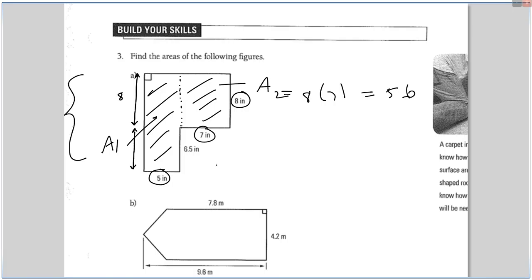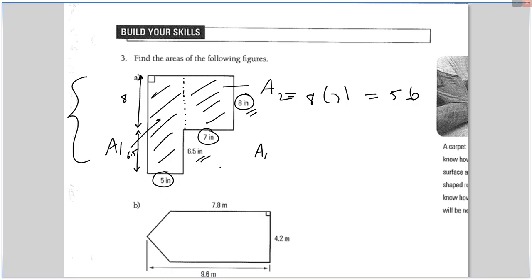So that distance is 8. This distance here is 6.5. So you'll add those up. So for area 1, we'll use 5 for the width, and the length that will be 8 plus 6.5. So just add those first. It's 14.5. Times it by 5.